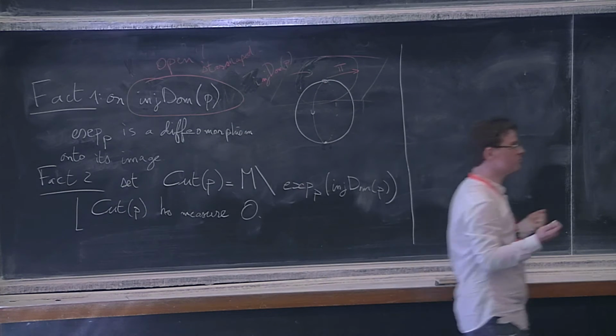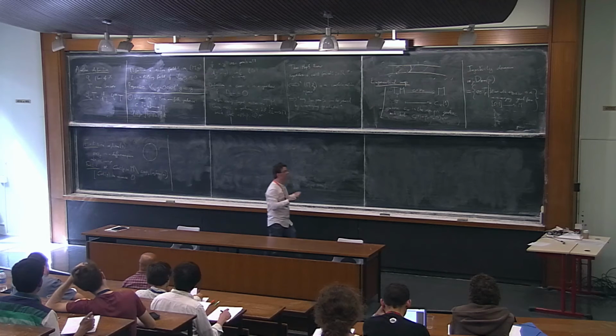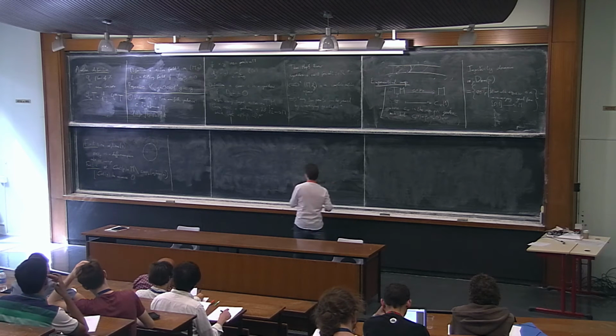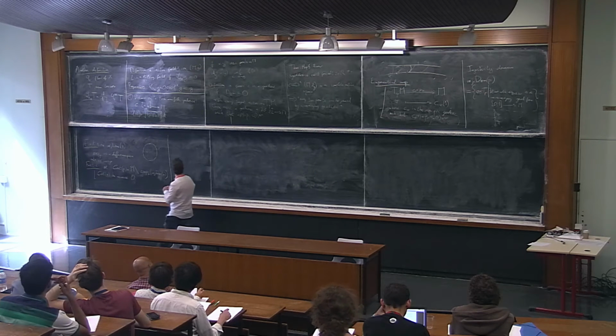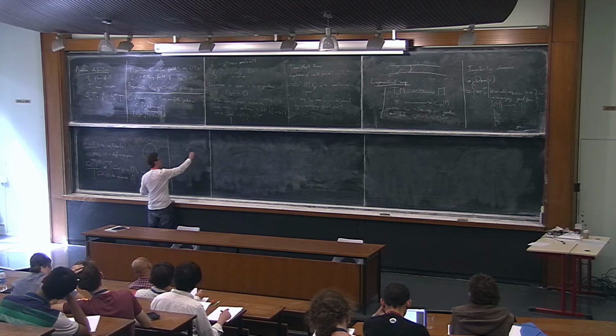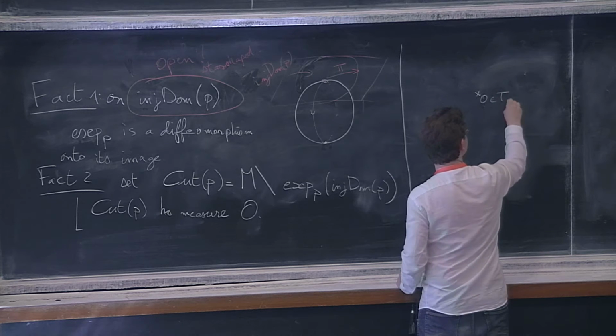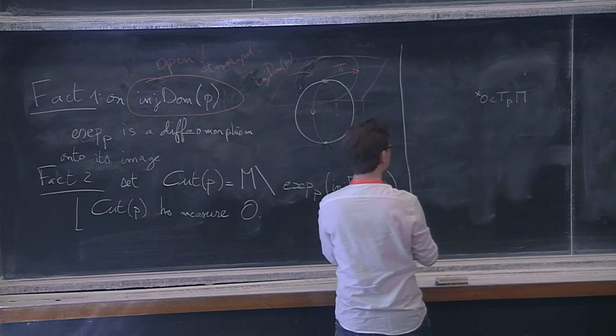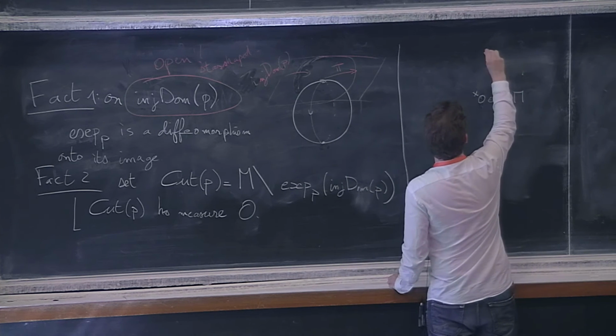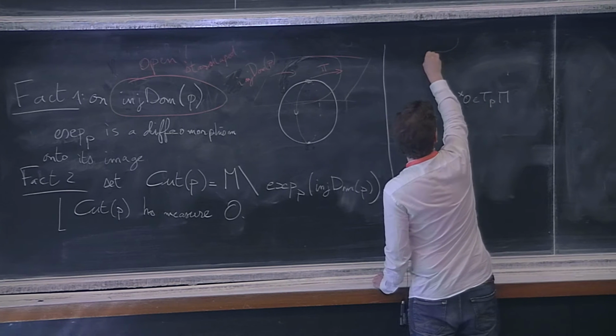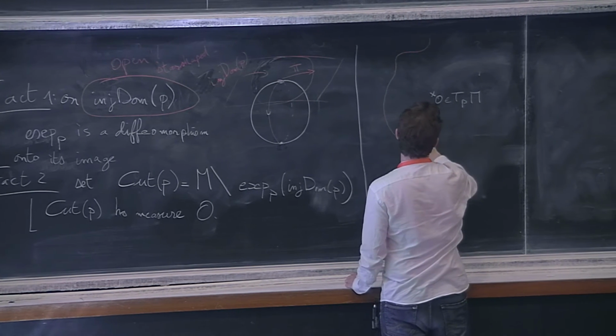So yeah, we miss few points, and actually we can tell exactly what's going on. So I'm in my tangent space, I have my origin. So the injectivity domain will be some star-shaped domain.